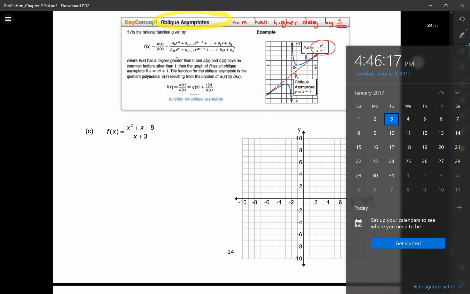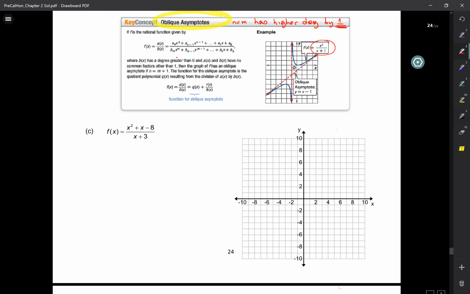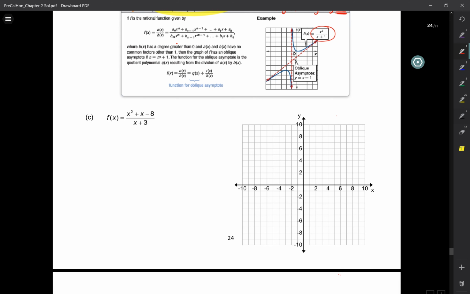All right, so take a look at this one here. Vertical asymptote is... All right, now let's factor the numerator here.